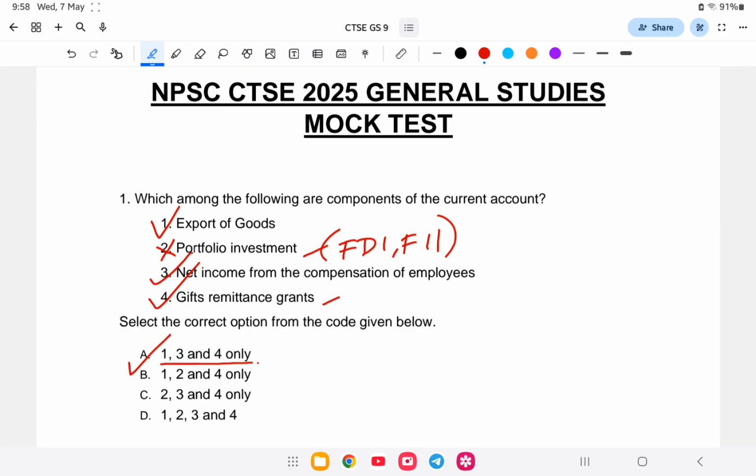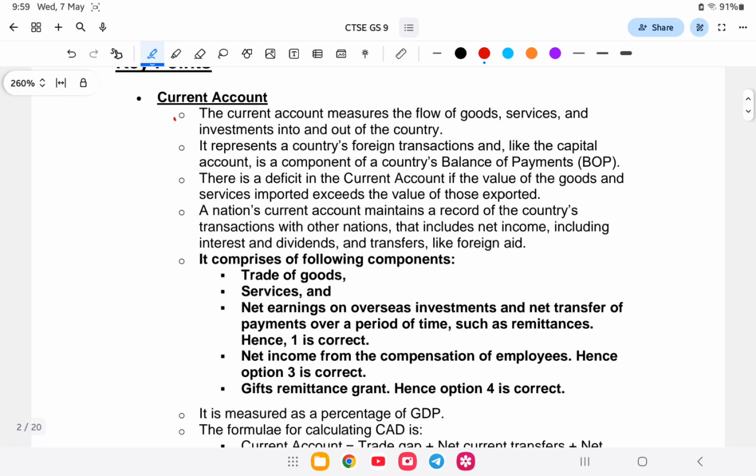Let us study in detail. So current account includes flow of services and investment in and out of the country. It includes the country's foreign transactions, and the capital account is a component of the country's balance of payment. There is a deficit in current account if the value of goods and services imported exceeds the value of goods exported.